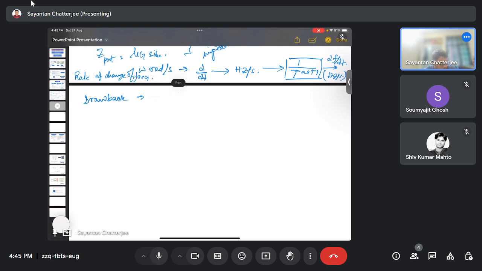Firstly, there has to be a minimum power mismatch of 15%.